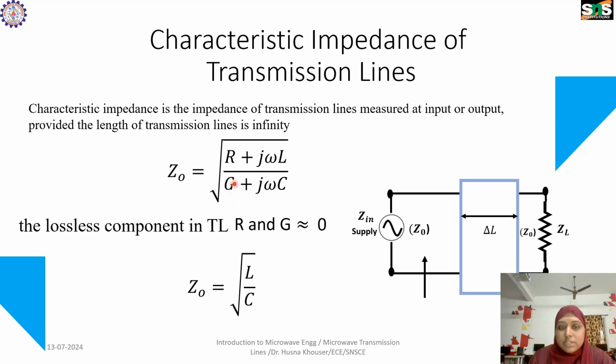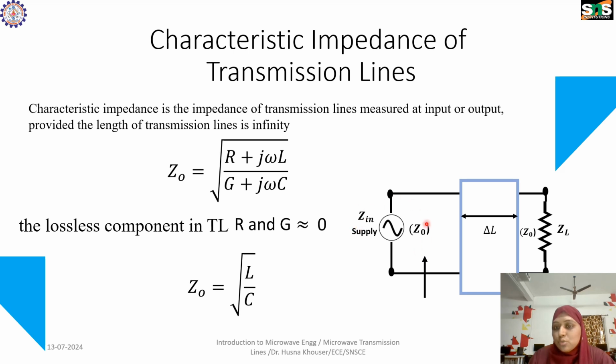When we make R and G zero, we get Z0 equal to root of L by C. Here, when we give the supply, Zin is the input impedance, and this Zin should be equal to the Z0 of the transmission line.